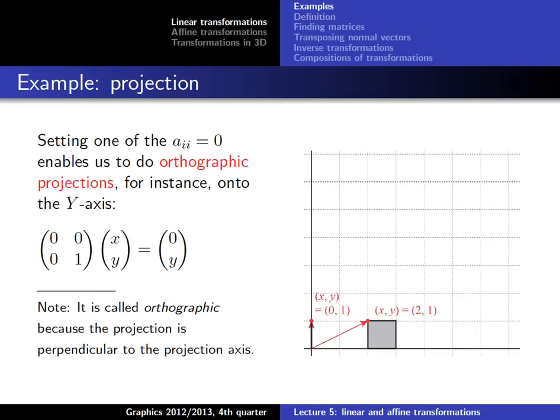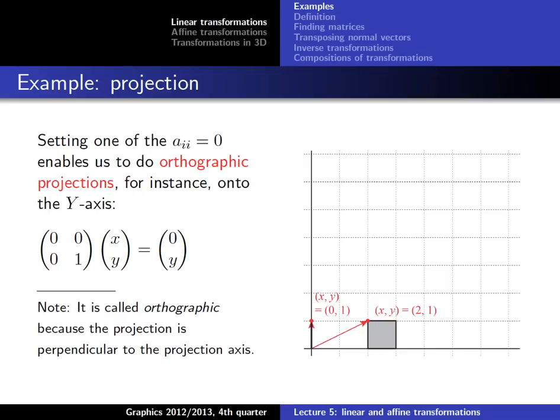Good. Now there are of course a lot of other examples. For example, what happens if we take one of those diagonal values and set it to 0? If we set the x coefficient to 0 and just have a 1 for A22, which corresponds to the y coordinate, then we get a vector where the x value is always 0 and the y value keeps its coordinate.